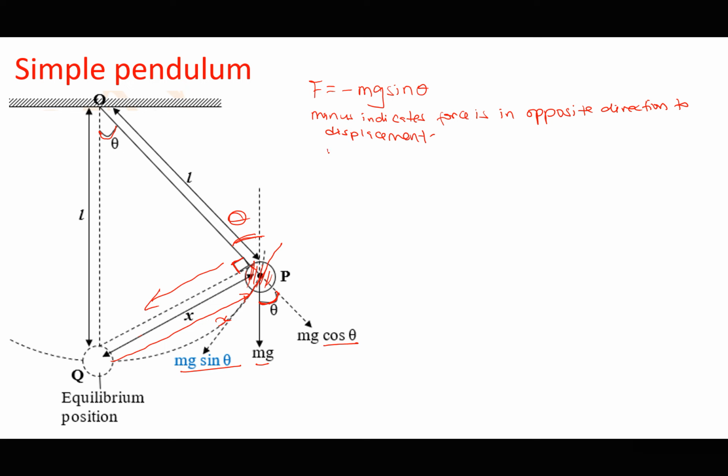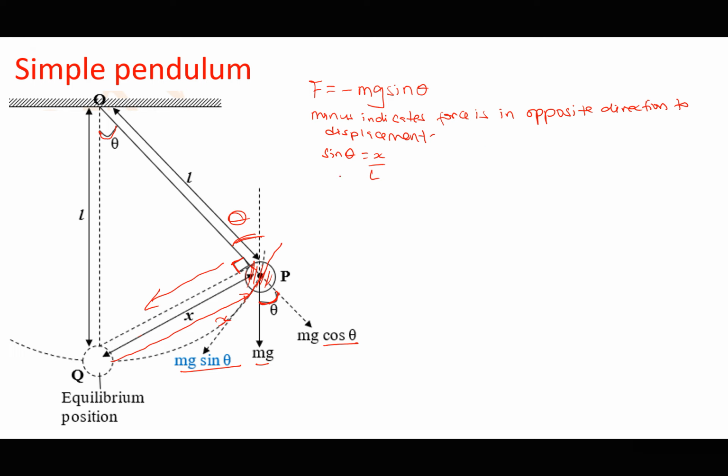So sine theta is equal to the opposite divided by the hypotenuse, which is L. But remember, theta is very small. That means you can think of sine theta as approximately equal to theta.